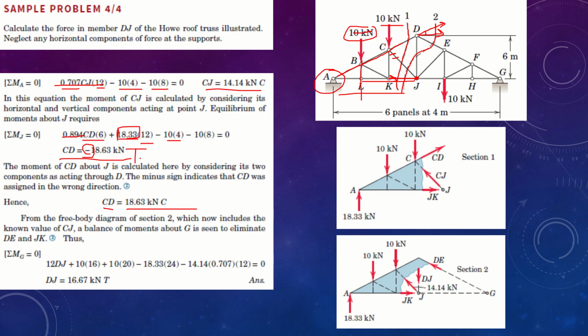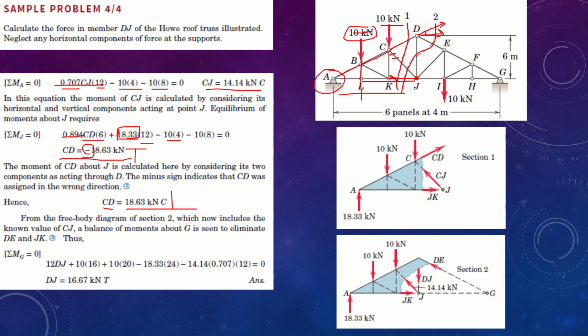We are not going to change this assumption for the rest of the numericals, because our calculations are based on it. All we have to do is introduce the same minus value, CD minus 18.63 kilonewton, throughout the equations. But the final answer can be stated as not tension, but compression. It has to be changed in the very end of the problem.